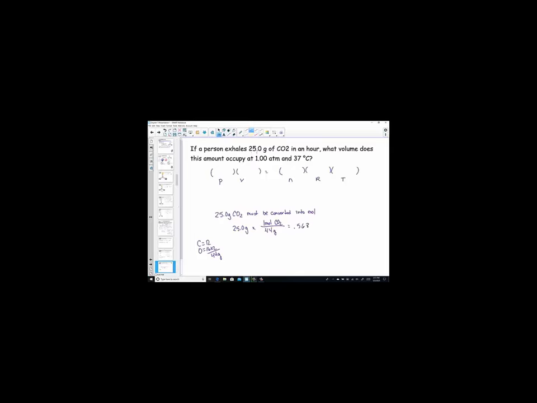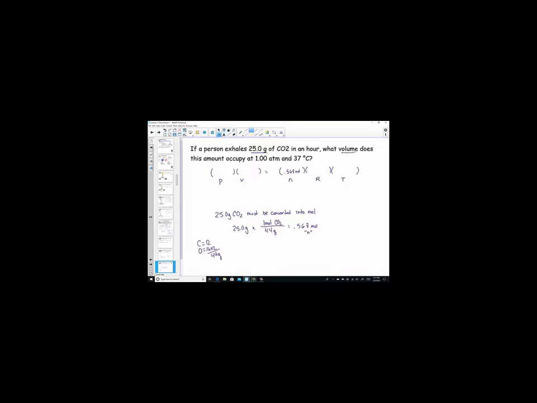And since I had 3 sig figs here, I'm going to carry 3 sig figs into the problem. Now that's n, the number of moles in my PV equals nRT problem. So it's not PV equals gRT, it's PV equals nRT. If I'm given a mass, just do a simple mole map problem and get it into moles. 0.568 moles is the value of n.